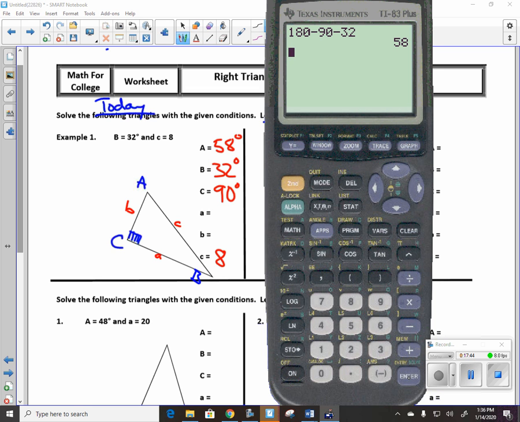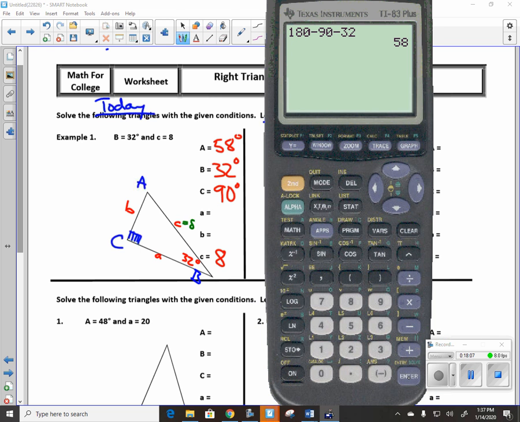All right, now here's where we make a choice. RJ, you tell me, do you want to use angle B, 32 degrees, or do you want to use angle A, 58 degrees? It's up to you. She wants to use angle B, which is 32 degrees. Everybody okay with that? RJ, I want you to now make a choice here as well.